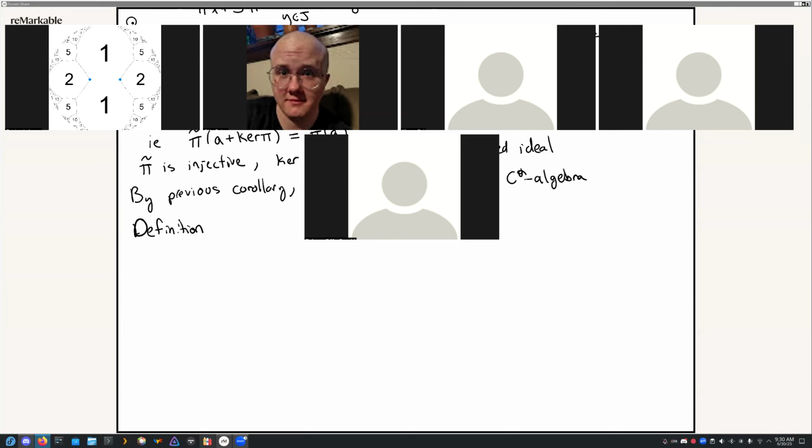This is definition 4.1. It's an approximate identity, and I like to say approximate unit. So if I say that, that's what I mean.